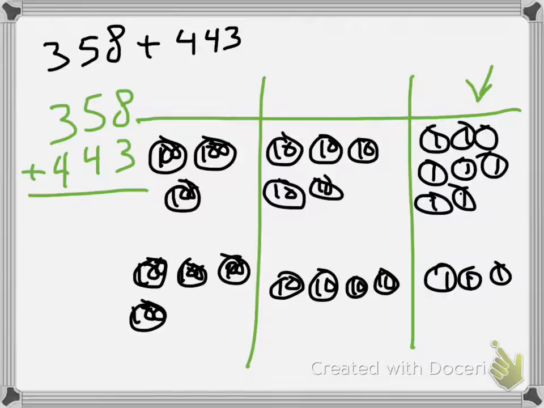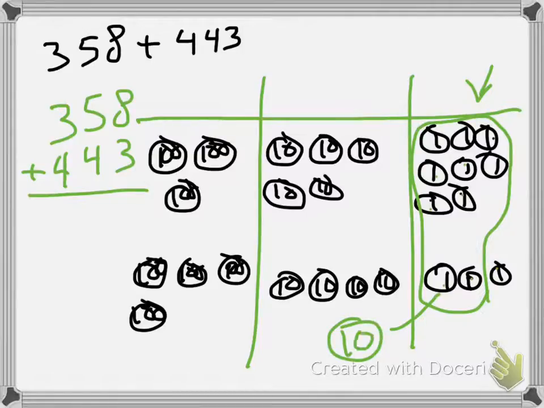So go ahead and start with my ones again. So I've got 1, 2, 3, 4, 5, 6, 7, 8, 9, 10, 11. So I'm actually going to need to bundle these up, move them over here, make another 10.